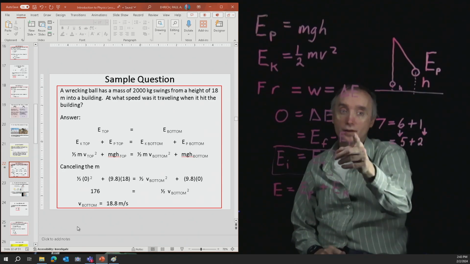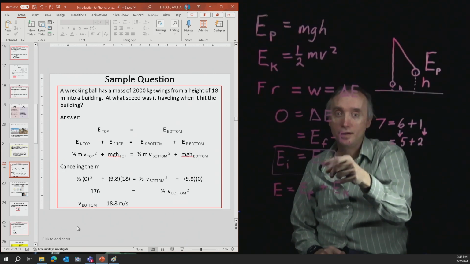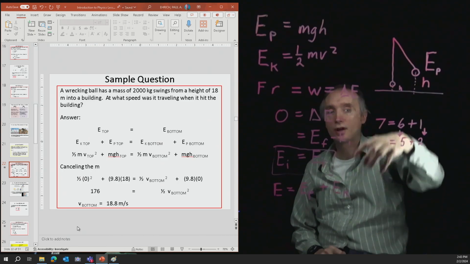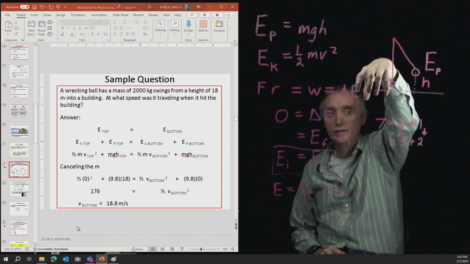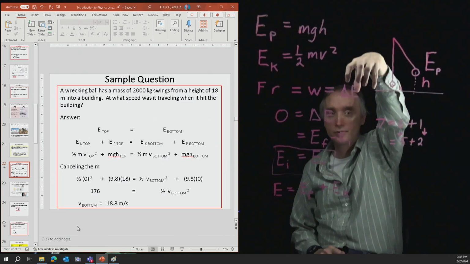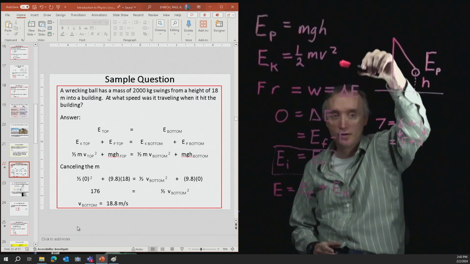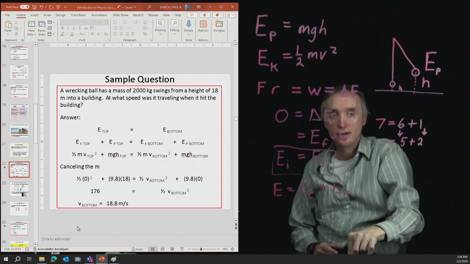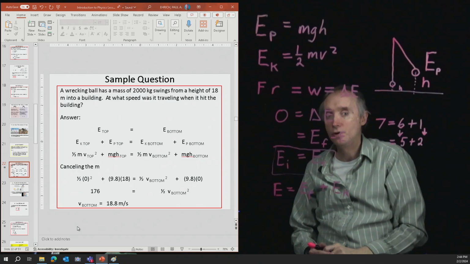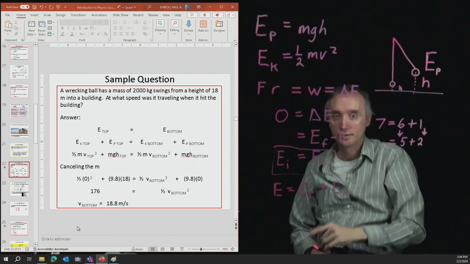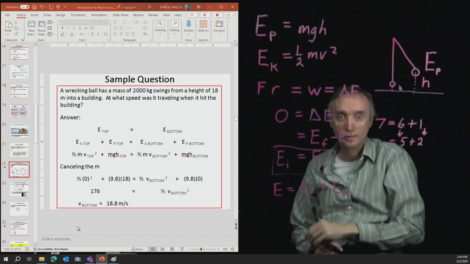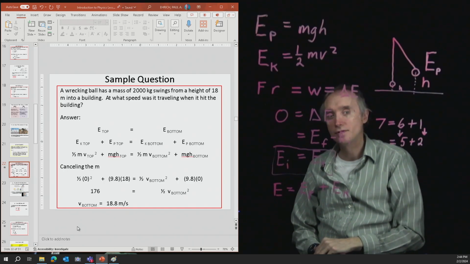Another interesting thing about it is, imagine that you just took a regular ball and you lifted it up to 18 meters, and then you let go of it so that it falls straight down. How fast would it be going when it hit the ground? That exact same number. So what's the difference?